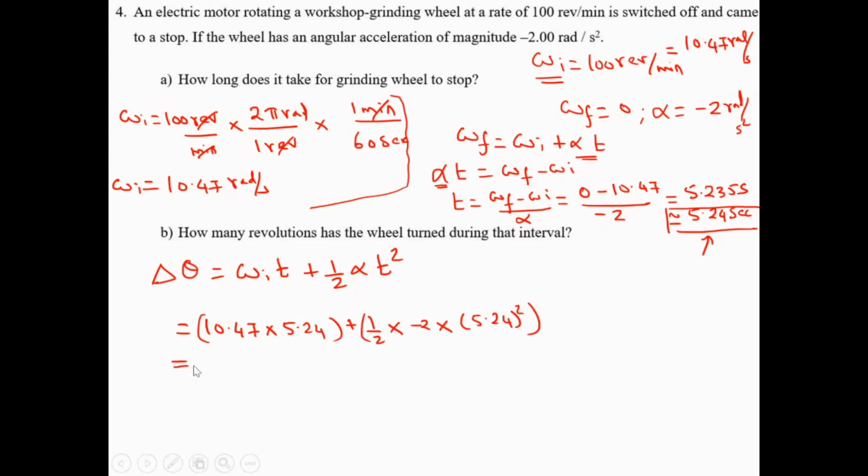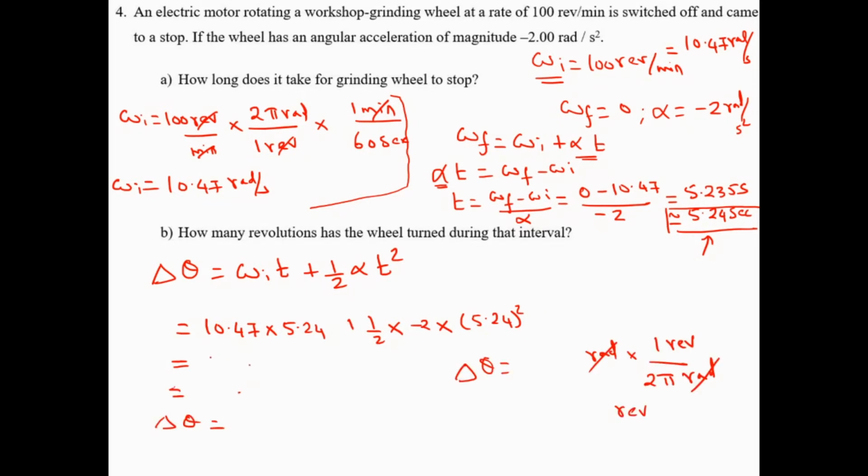So I'm going to find the first part initially. 10.47 multiplied by 5.24 gives 27.40 that I got in terms of radian.